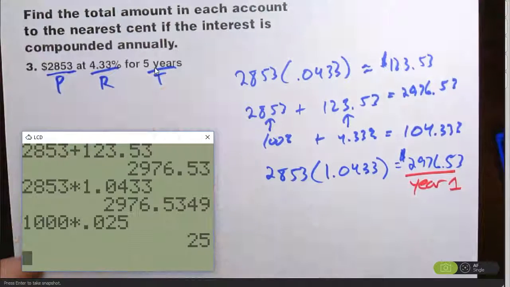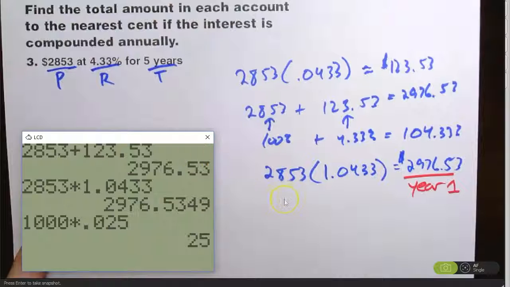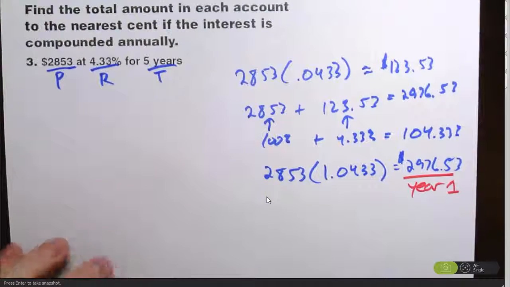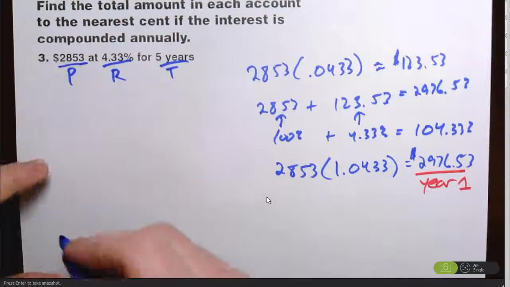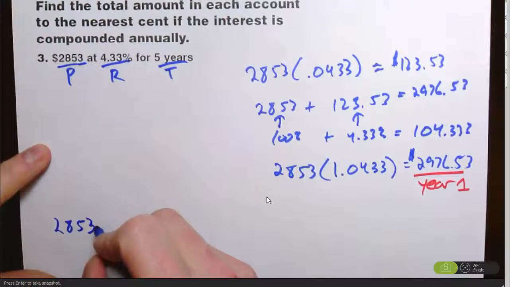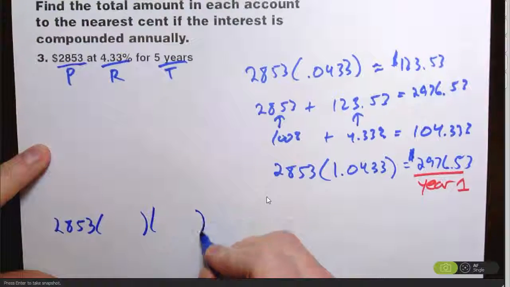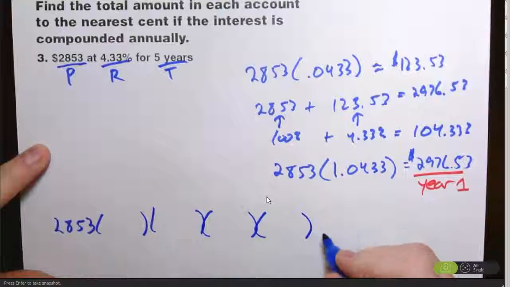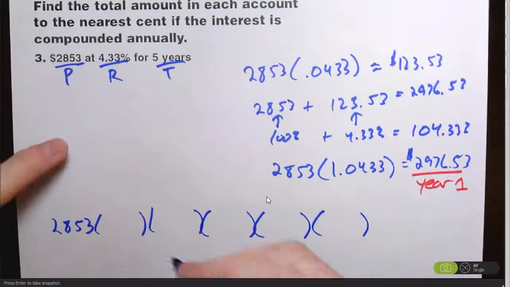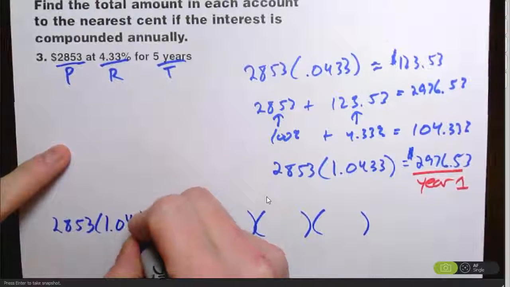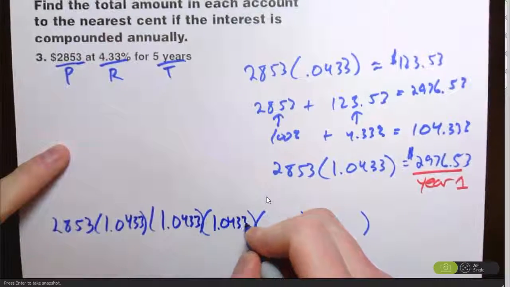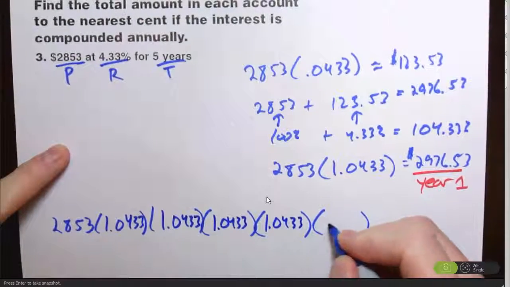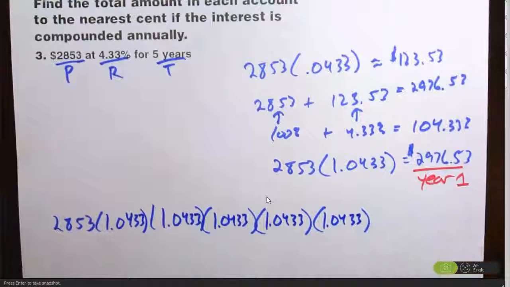So what Mr. Moyer does, because he's lazy and doesn't like to do that over and over again, is cheat a bit. Let's take that original amount of $2,853 and multiply it by 1.0433 5 times, one for each year that this is under interest.